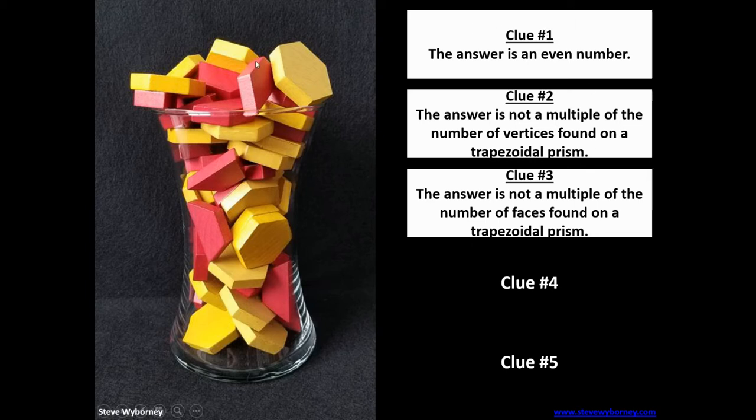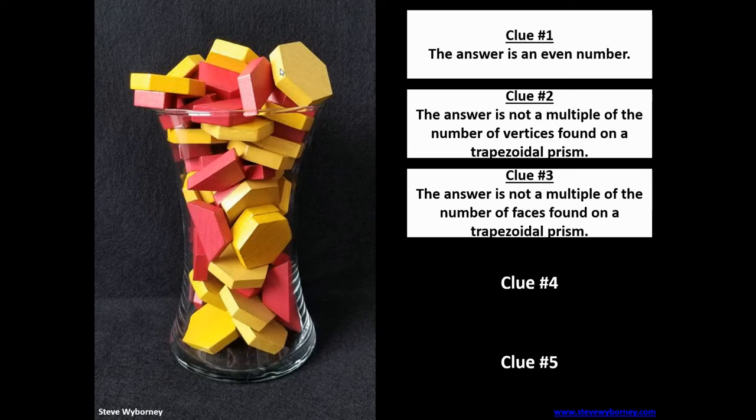So again, if we look at our trapezoidal prism right here, we have our trapezoids and there are 2. So 1, 2. Then we have the bottom face, which would be 3, 4, 5, and 6. There are 6 trapezoidal faces, or not trapezoidal faces, but just faces on a trapezoidal prism. So the answer is not a multiple of the number of faces.